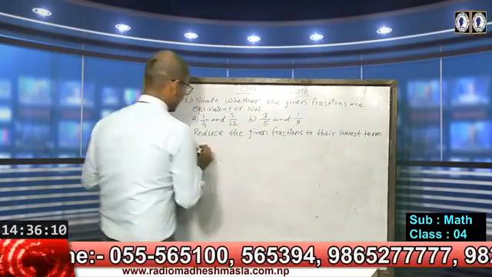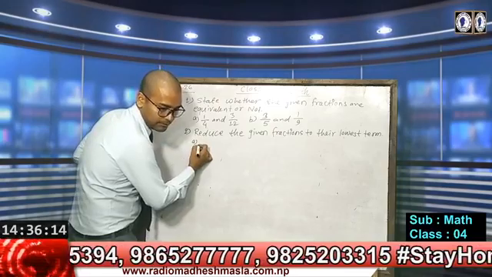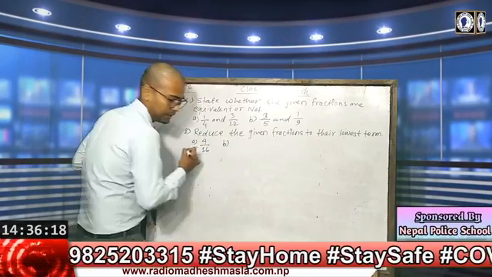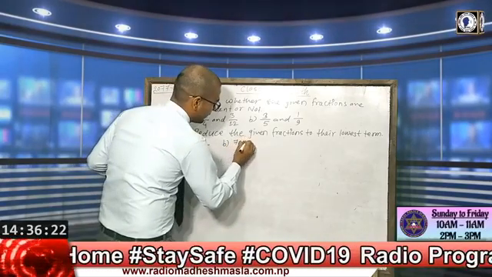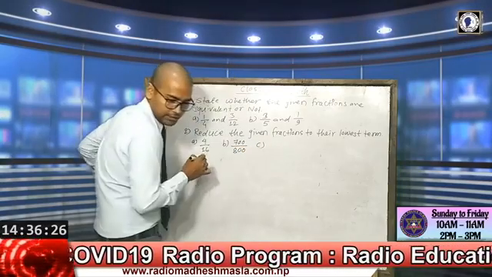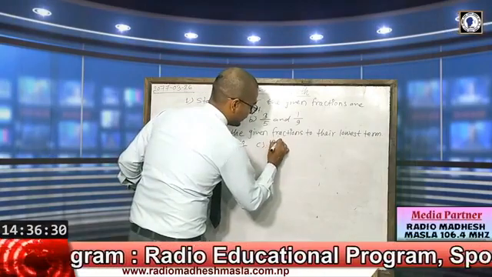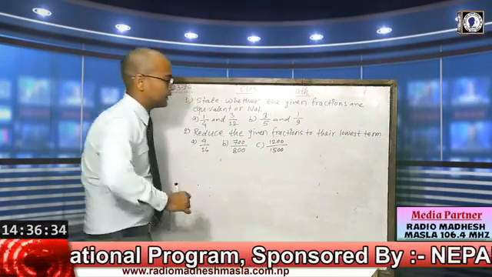For this we have given some questions like this. In question A we have 4 by 16. In question B, 700 by 800. In question C, 1200 by 1500. Yes, by this much.